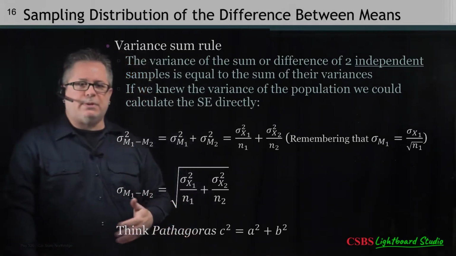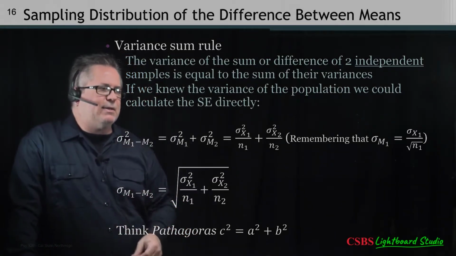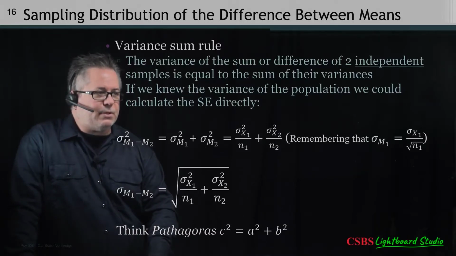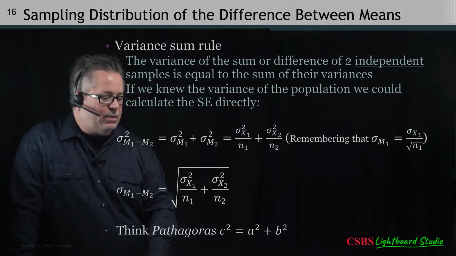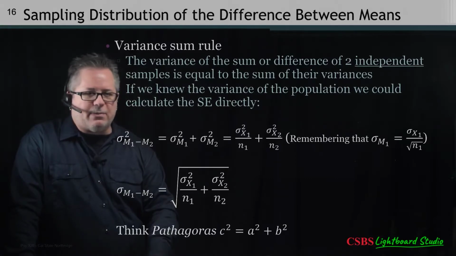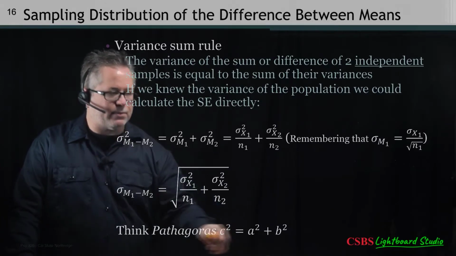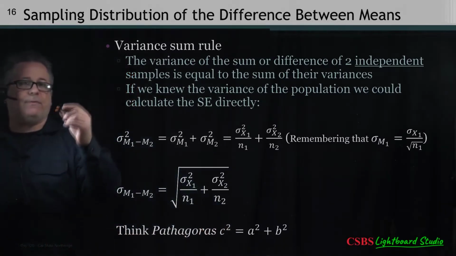We're not really thinking about adding or subtracting stuff in terms of our goals here. We're not taking two variables and adding them together, but what we are doing is subtracting the means of two variables. The standard error is really talking about variance, right?